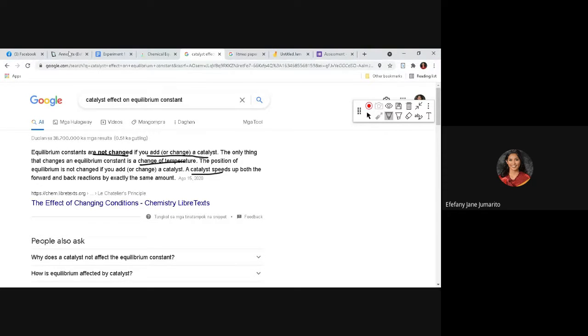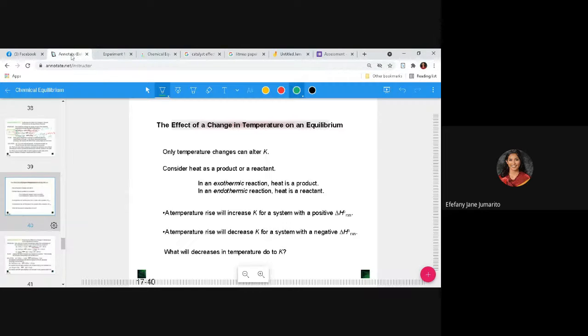All right, so good question. Okay, so that's it. We now know, class, that a catalyst has no effect. This will come out in the exam. Okay. We have that one.